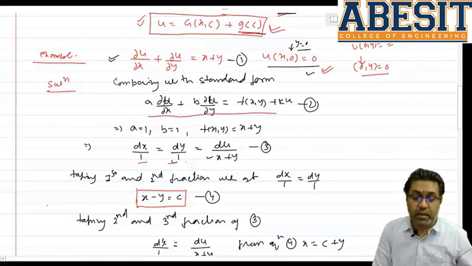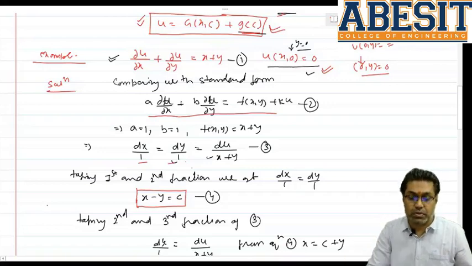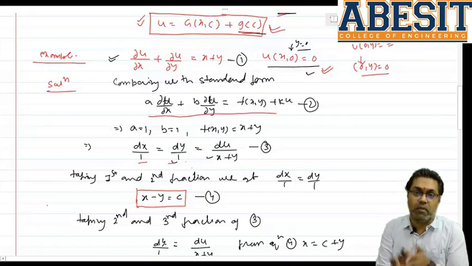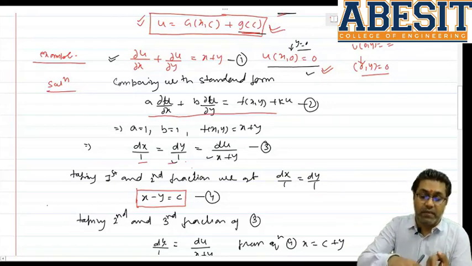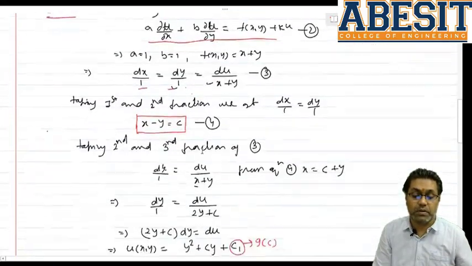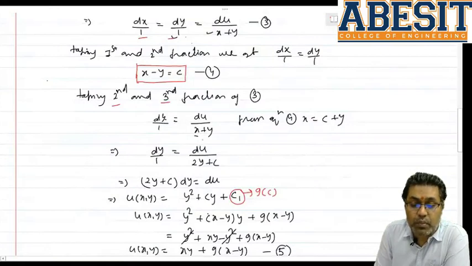Since the condition is on y, that when y is 0 u is 0, y is deciding the solution, so we take the second and third fractions: dy upon 1 is equal to du upon x plus y. This is of y, this is of u.